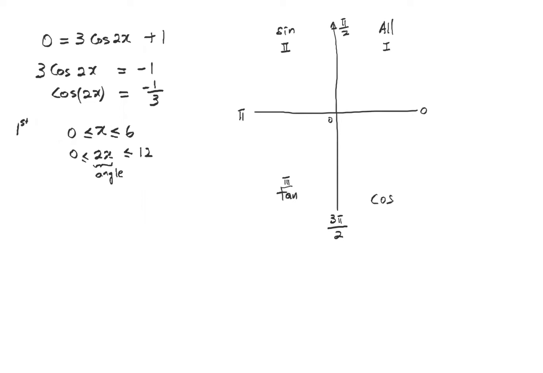When I say fourth quadrant, the size of the angle is between 3pi/2 and 2pi. Then it can go on and round. Are you clear? Okay, that's the first thing.